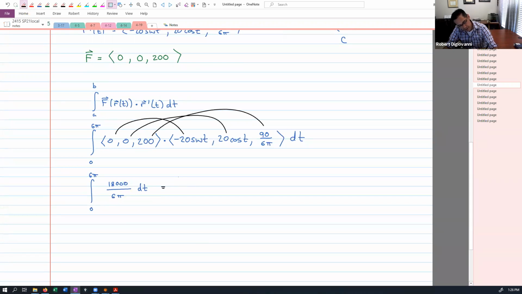What is that? 3,000 over pi, t evaluated from 0 to 6 pi. So when I plug in 6 pi, the pi's cancel and I just get back to 18,000. And then 18,000 minus 0.